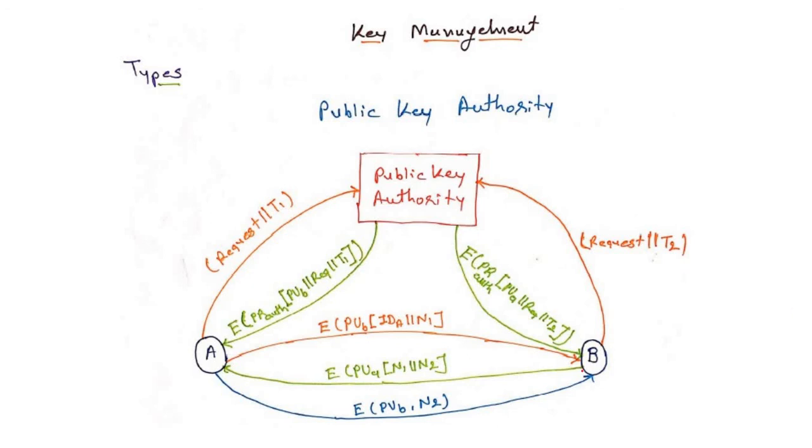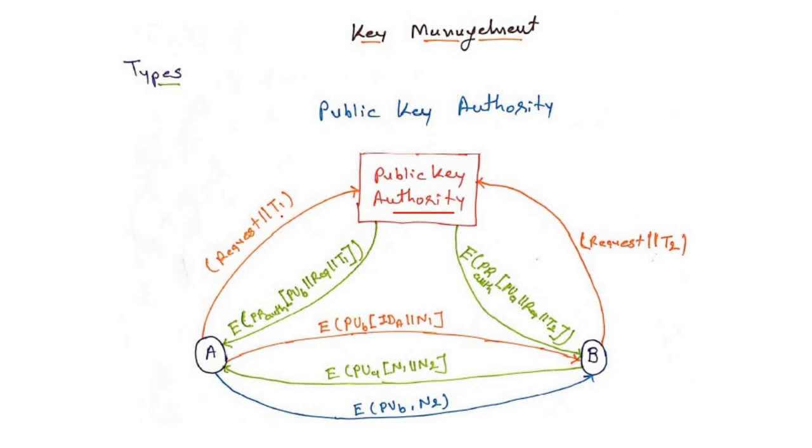Third case, that is public key authority. In that case, there is one authority section. We are giving the authority to all the users. Like A is requesting the key of B, and B is requesting the key of A. So what happens here? There is a private authority and a public key.